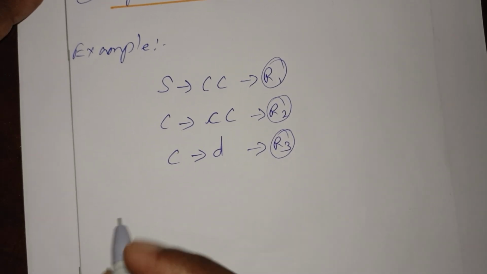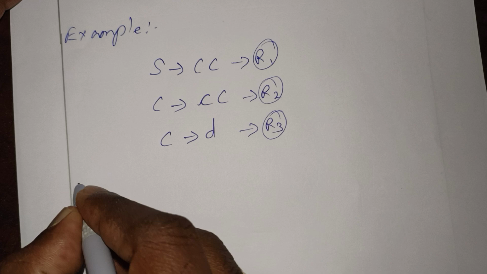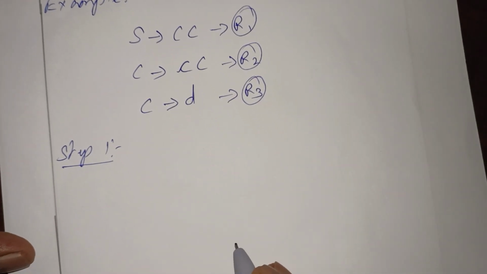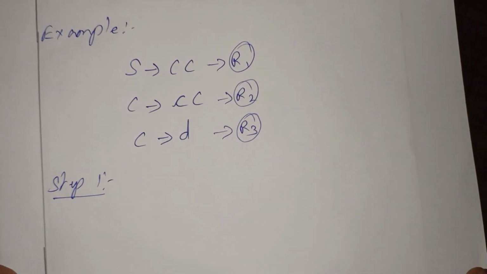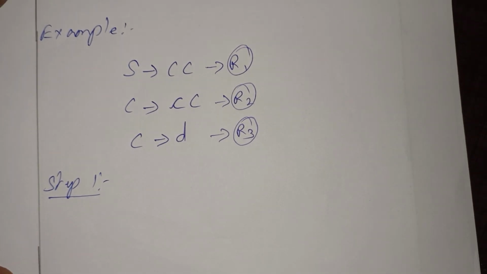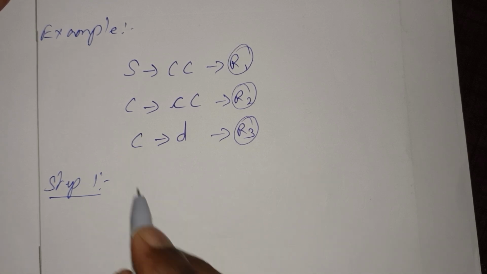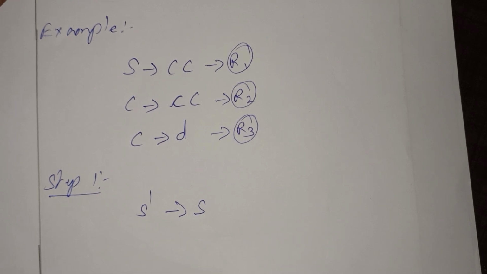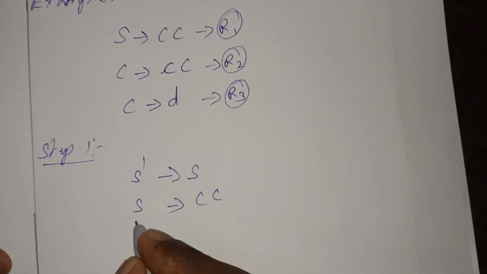Now step number 1 is finding the augmented grammar. Here is the real grammar, and finding the augmented grammar is the most important step. The starting state is S, so S' tends to S. This is the augmented grammar. For the remaining grammar, take down whatever the productions are and fill in step number 1.